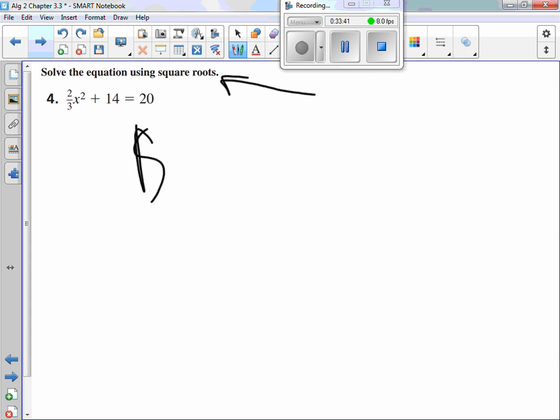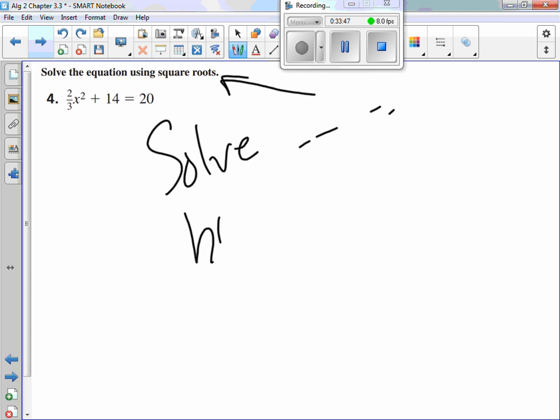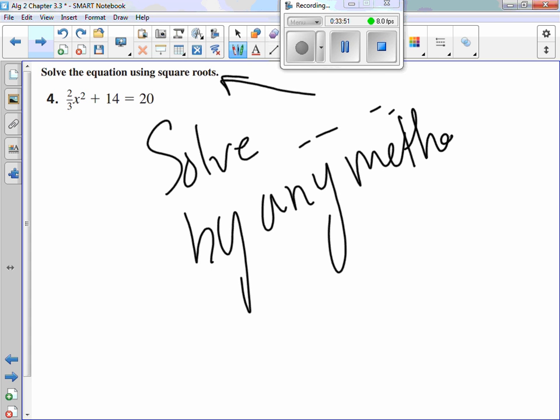Then there's going to be one that's going to say, solve this by any method. When this shows up, it's not restricting what you can do. So you can use factoring, you can use graphing, you can use the square root method, or the other 2 we haven't covered.